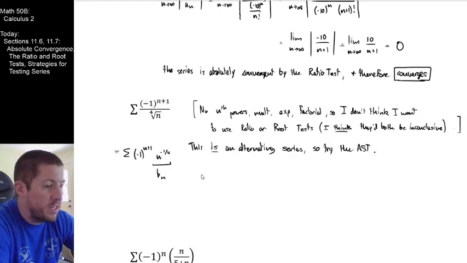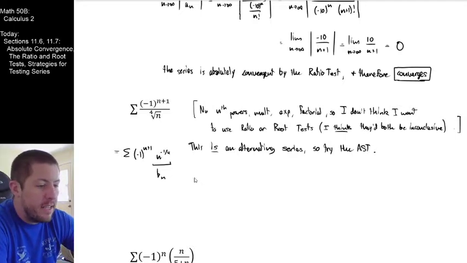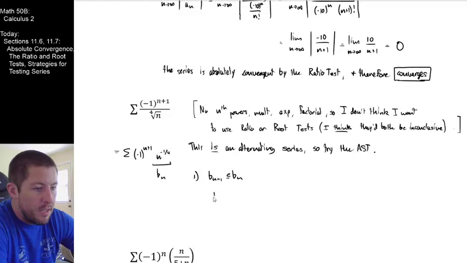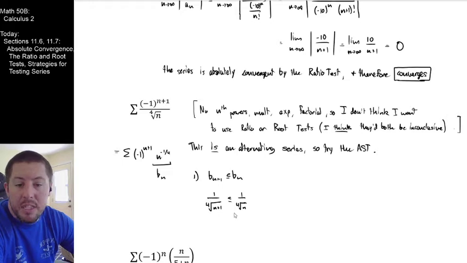And so my question here is, for our first check, do we get that b sub n plus 1 is less than or equal to b sub n? I guess all I'm really seeing here is 1 over the 4th root of n plus 1. Is that less than or equal to 1 over the 4th root of n? You should notice real quickly that this is not just a generally true statement.